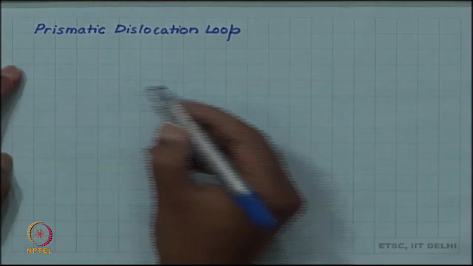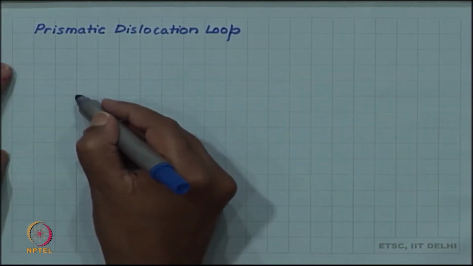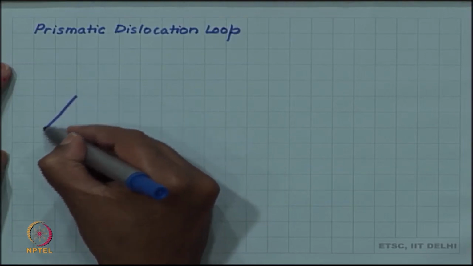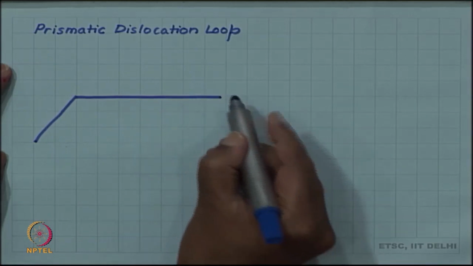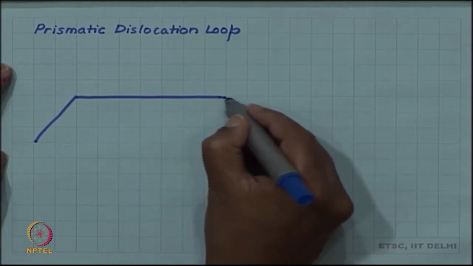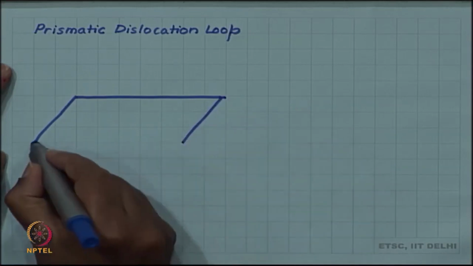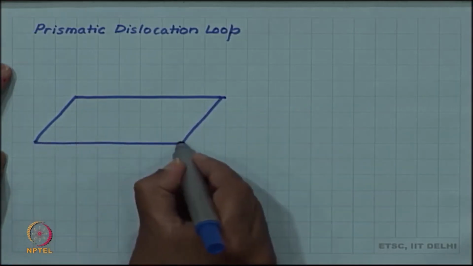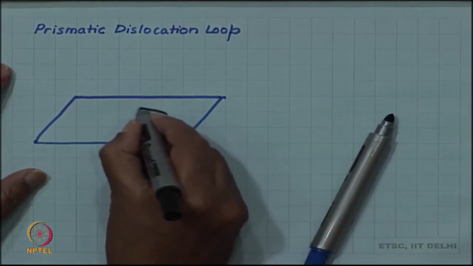To imagine a prismatic dislocation loop, let us consider a plane and in that plane consider a loop.